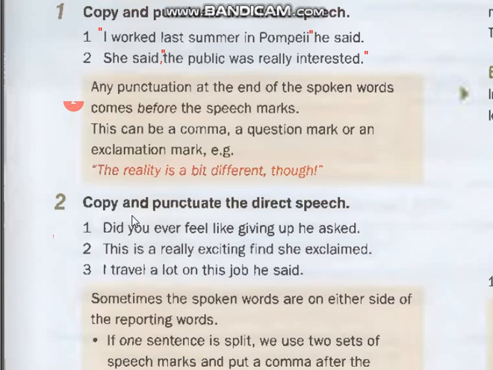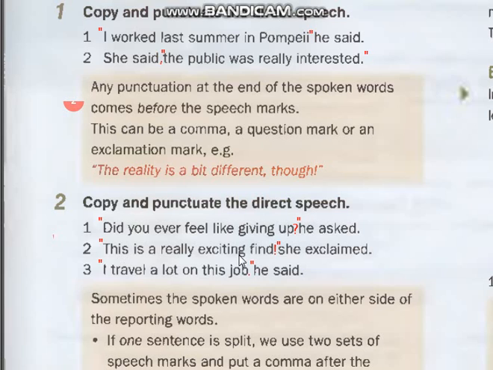Okay, let's answer exercise number 2. Come on, add direct speech, punctuate the 1, 2, 3 sentences. Punctuate them using the punctuation marks. Okay, yeah. Did you ever feel like giving up? We have a question mark. We add the question mark inside the speech mark. Here is the spoken word. These are the words: did you ever feel like giving up? Who said them? He asked. Who asked? He, the pronoun he. We added the question mark inside the speech mark, not outside of them.